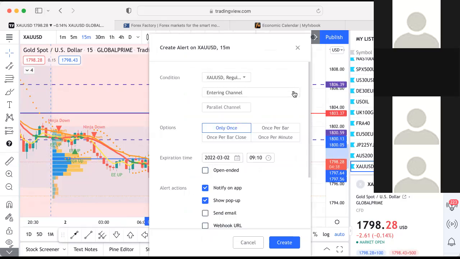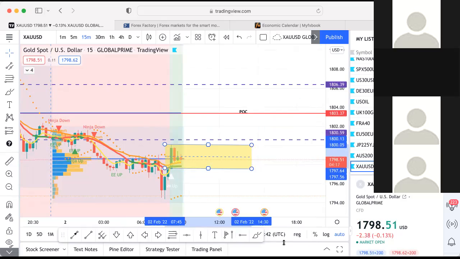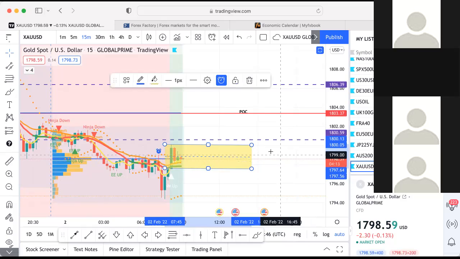So I can put in: tell me when price is exiting that channel, once per bar or once per bar close. I'll go for once per bar. If you've ticked to notify me on the app and you've got the app on your phone, it will alert you on your phone, so you can go about your business and come back once that alert tells you that it's outside the box.